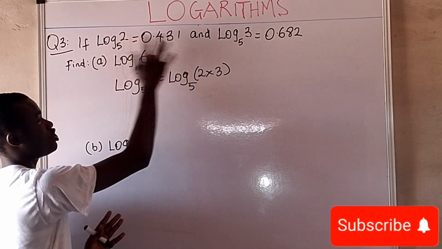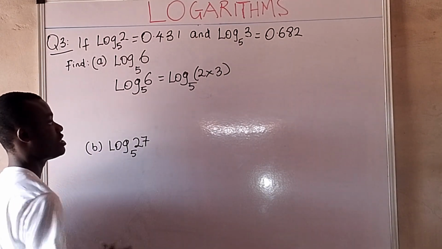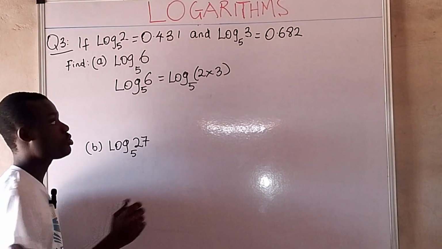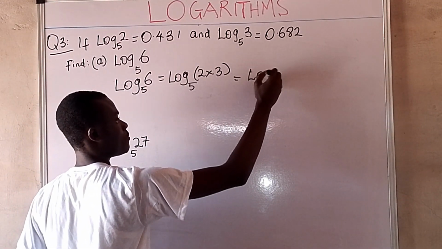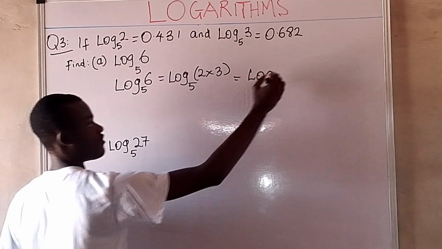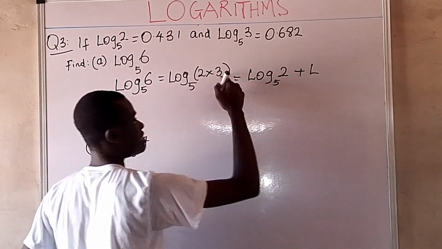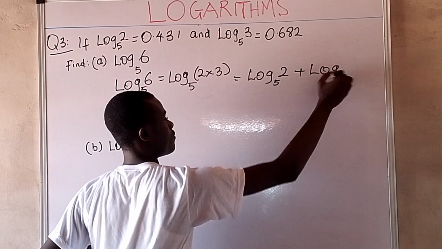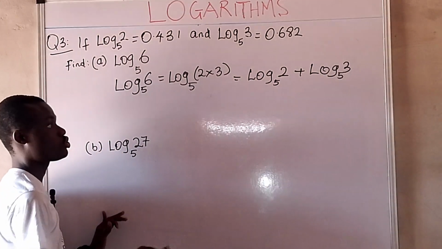What we have from this question is 2 and 3. So we can simply write 6 as 2 times 3. Now, going back to the addition law, we can write this expression as log 2 to base 5 plus log 3 to base 5. What we are simply doing here is reversing the addition law.